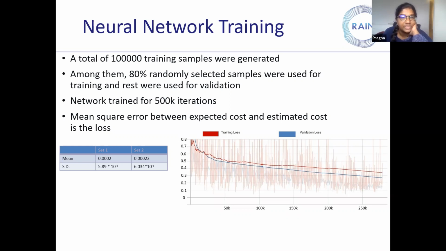So in one set we get 5.89, in another set we get 6.034 to the power of 10 to the power minus 5. So the standard deviation of the error between the ground truth and the estimated cost in the validation is pretty low. So that's how the training is done.